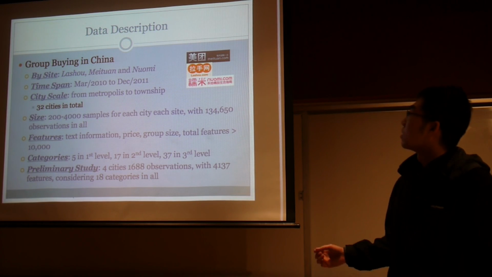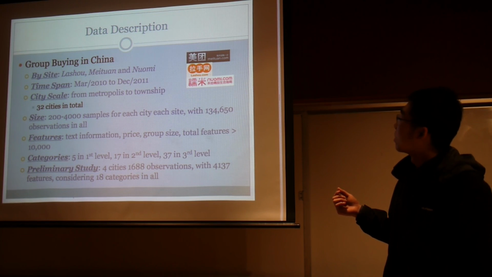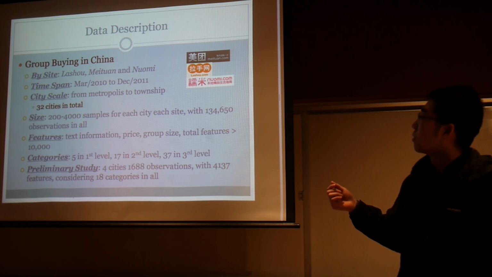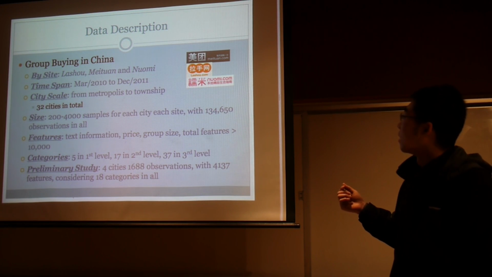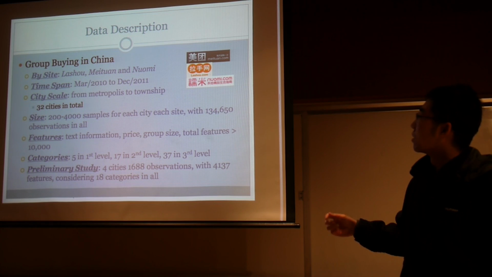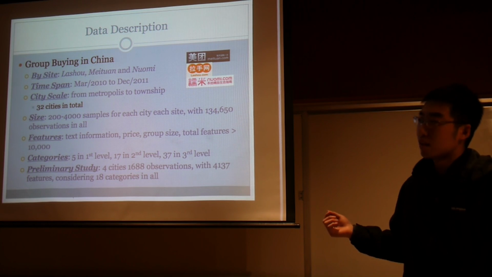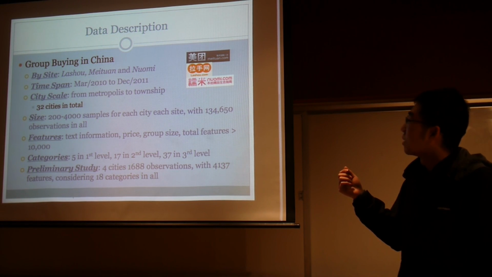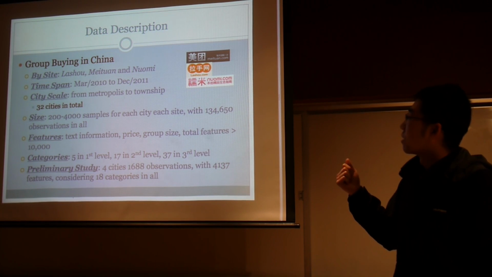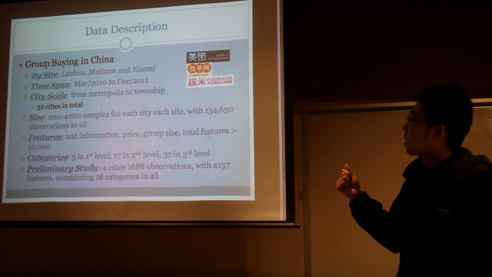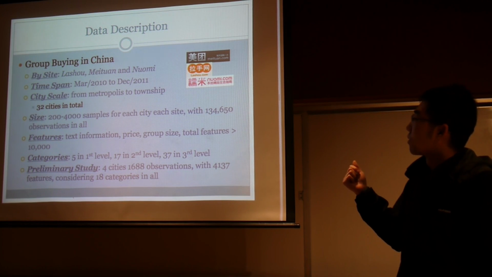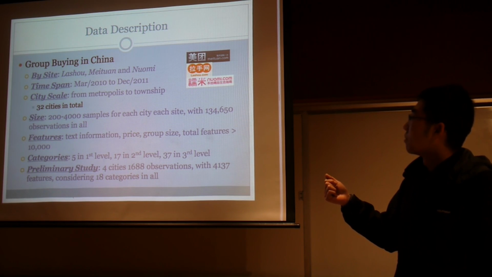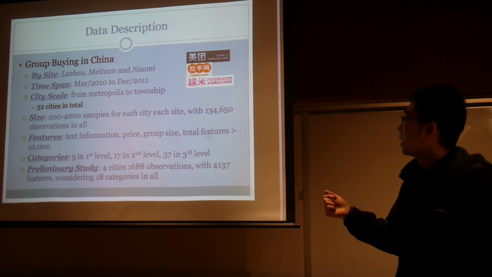Now let me briefly introduce the data set we use. We use the group buying data in China. We get the data from the three most popular websites in China. The data covers some time span, and comes from 32 different cities, from large cities to small towns.